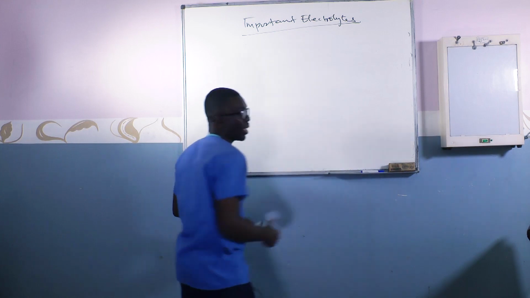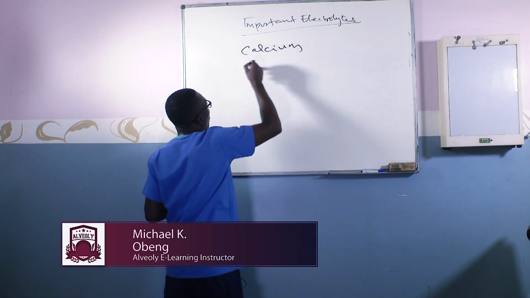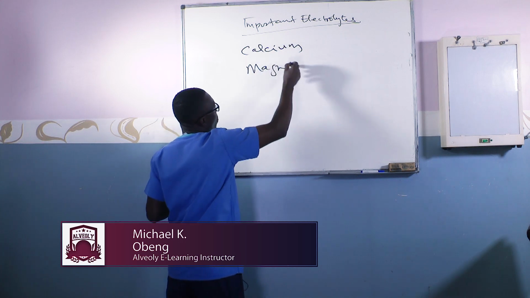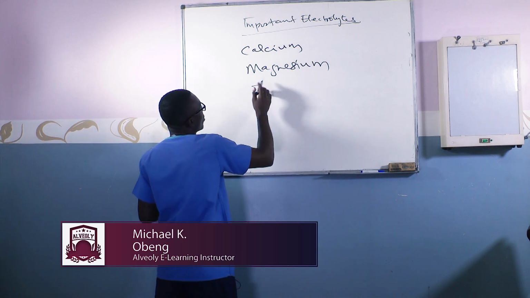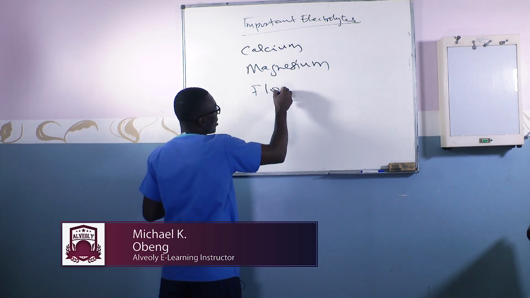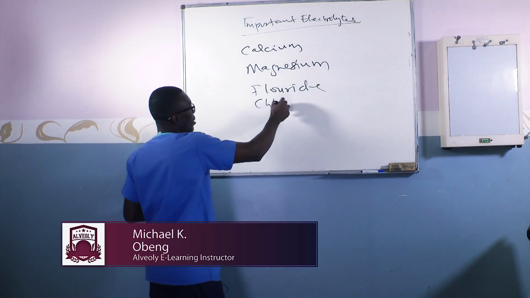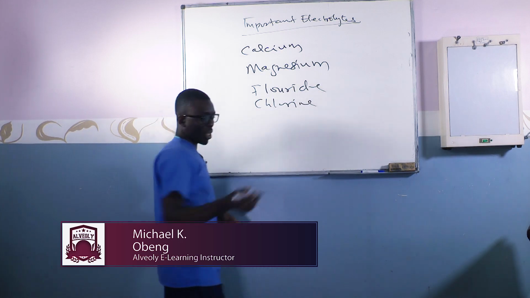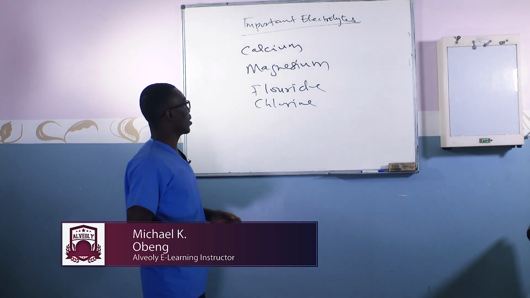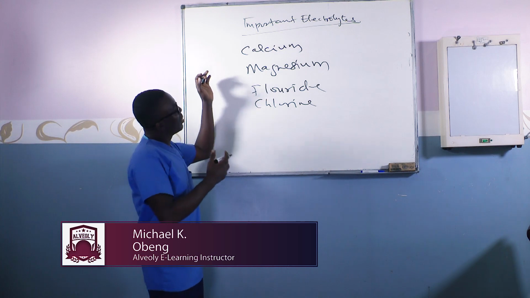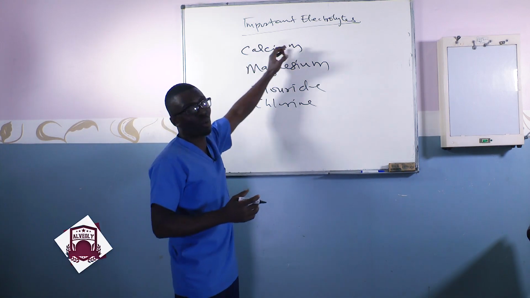There are other electrolytes, which include calcium, magnesium, fluoride, chlorine, etc. But all you have to know, like how we did for potassium and sodium, is to try and know the normal serum levels.